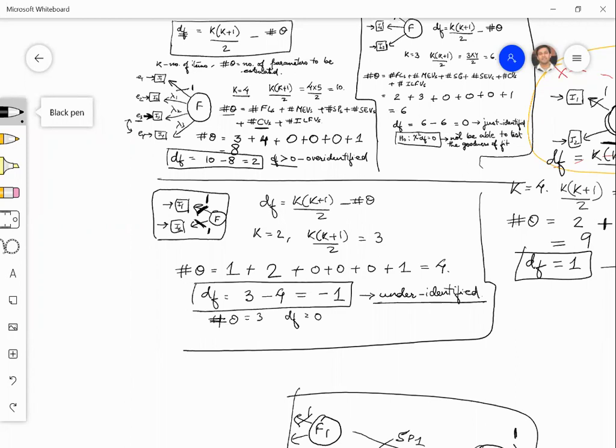Yes, that is what I said. You can put the one constraint on this path, or you can constrain this path. It is absolutely your choice. Nobody is going to tell you that you should put it on the path from F to I1 or from F to I2. It is purely your choice.